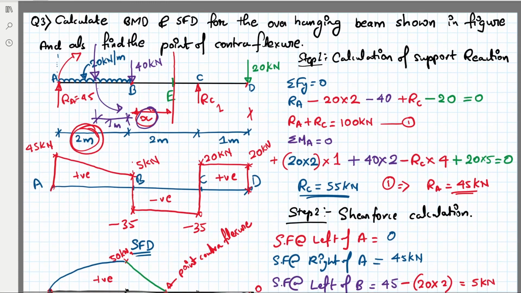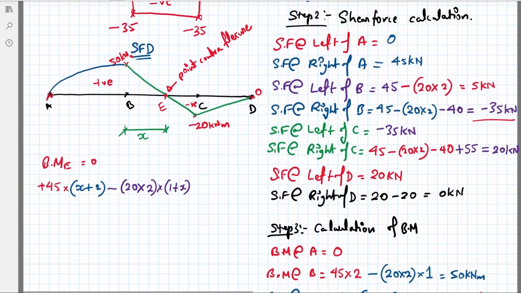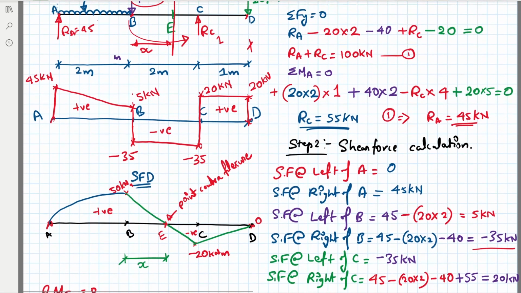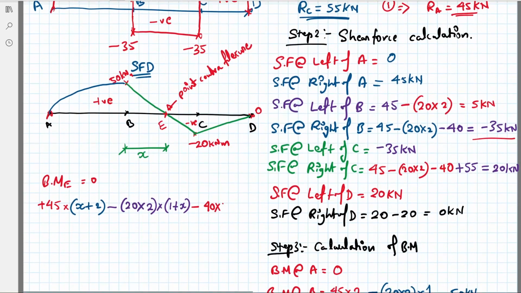Finally we have one more force, 40 kilonewton, which rotates about E in the anti-clockwise direction, so I can take minus 40 into the distance x from E. The entire value should be equal to 0.